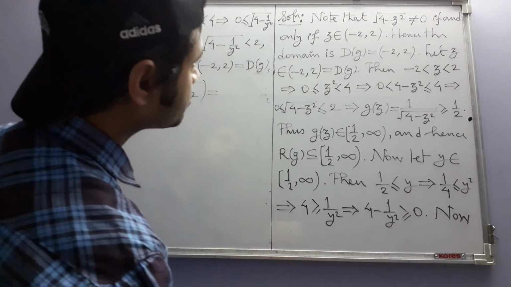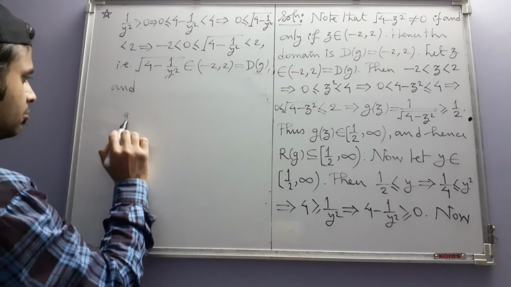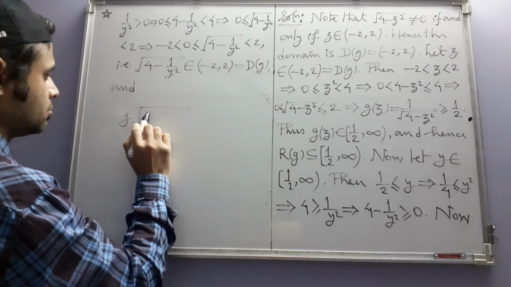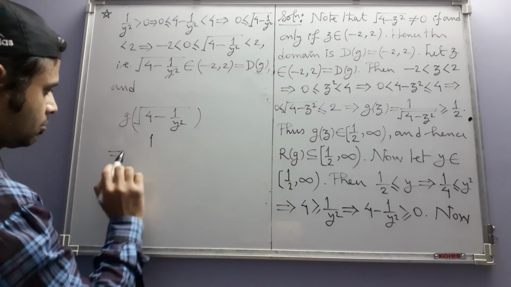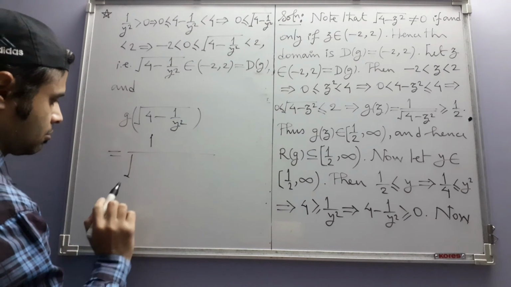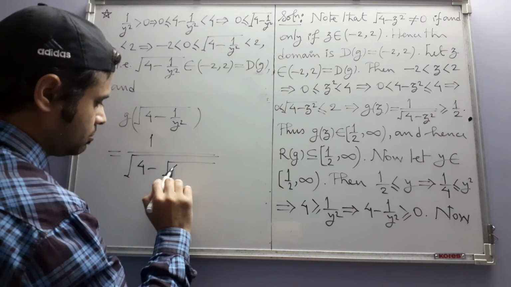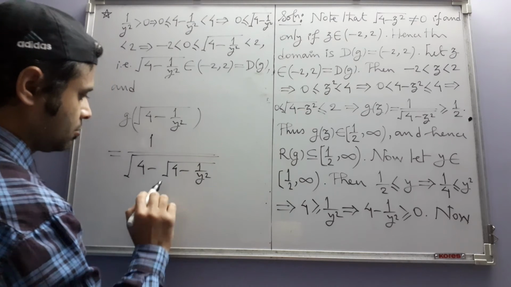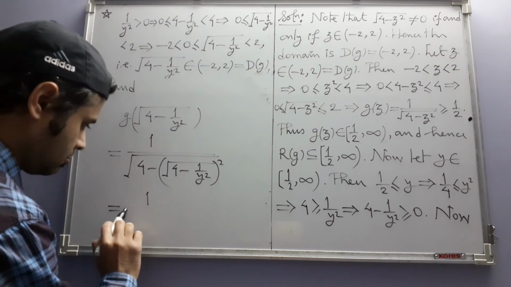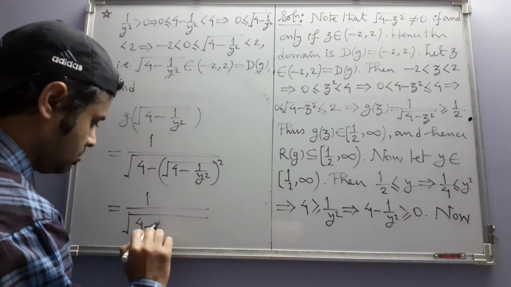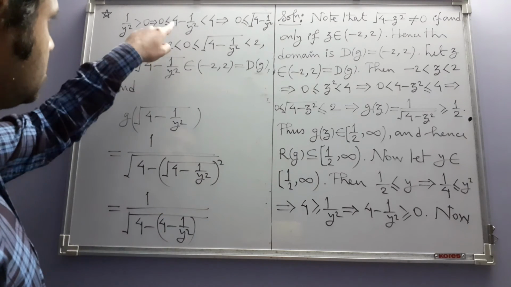This is 4 minus 1 over y squared after cancellation of square root and square, because that is non-negative.